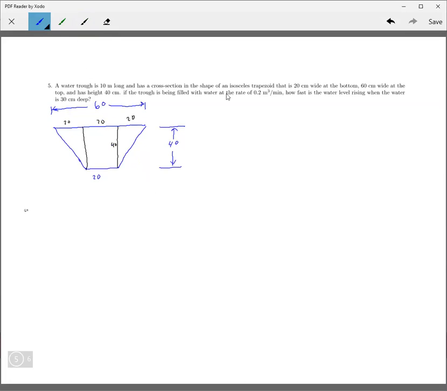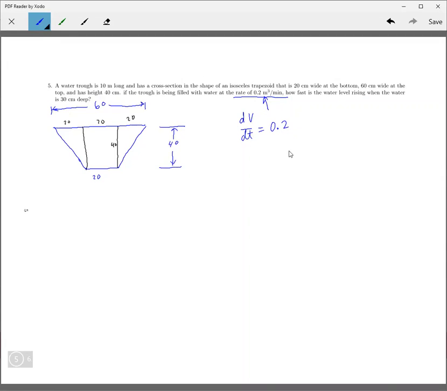Okay, so the trough is being filled with water at the rate of 0.2 cubic meters per minute. So that's going to be dV/dt. Now, one thing you should be careful with is that this is meters and this is centimeters, right?